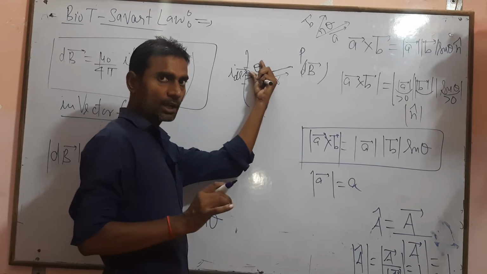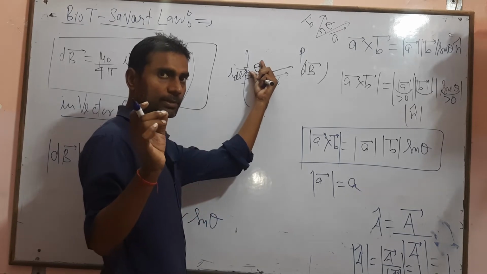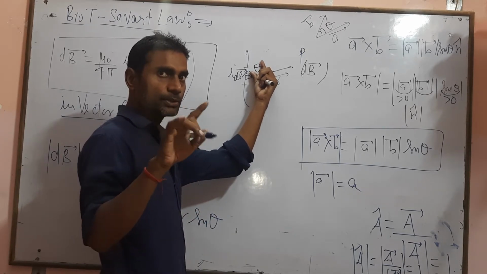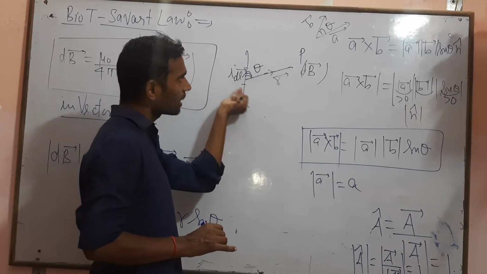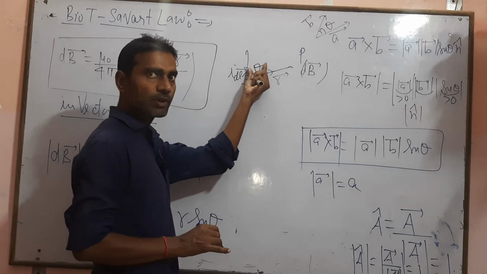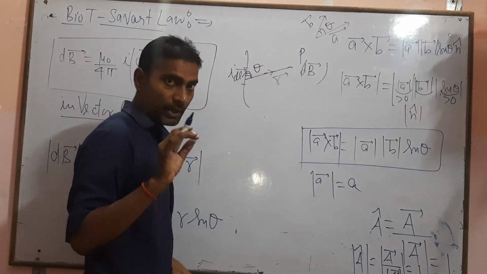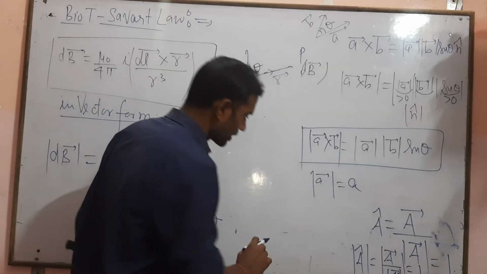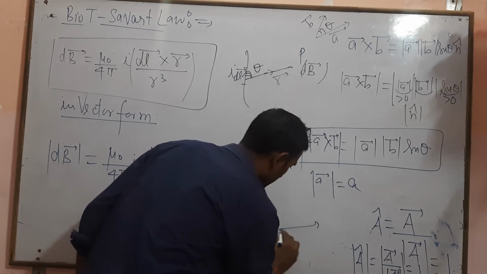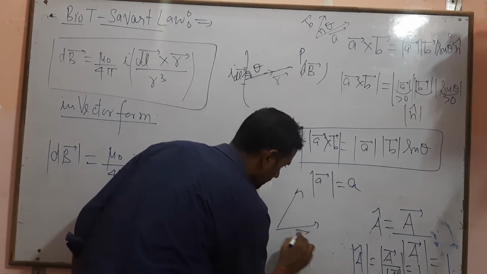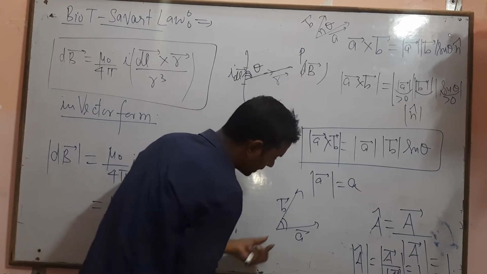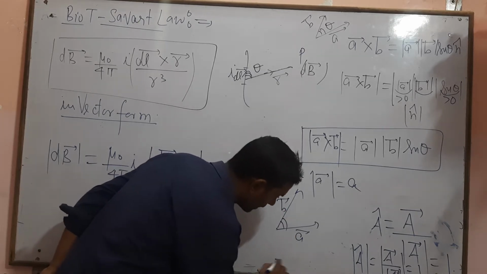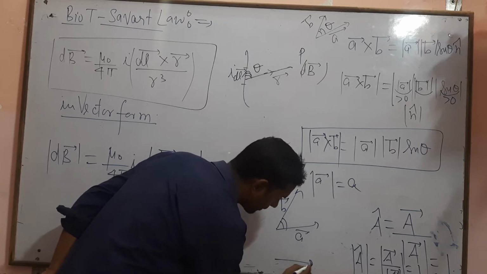Always take the angle between A and B in the range 0 to 180 degrees, not this other angle. Suppose this is the A vector and this is the B vector.